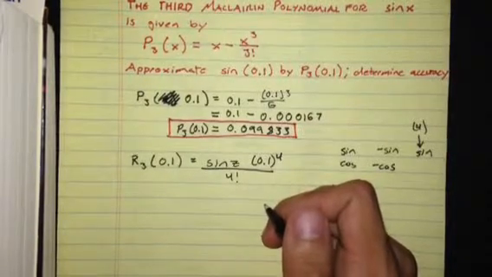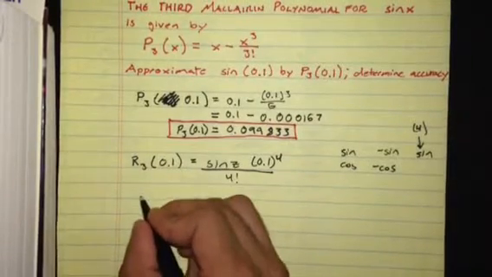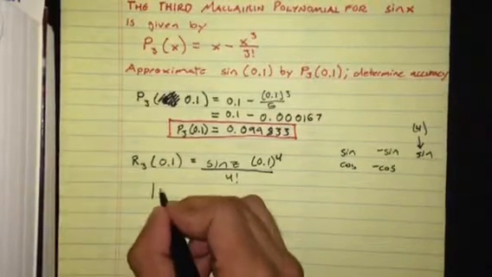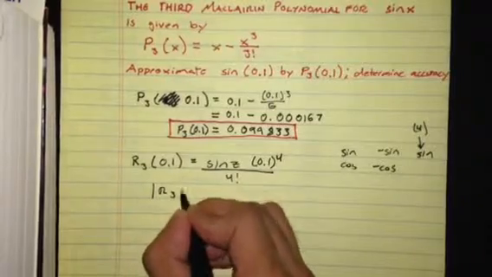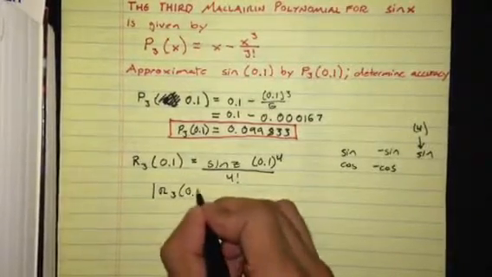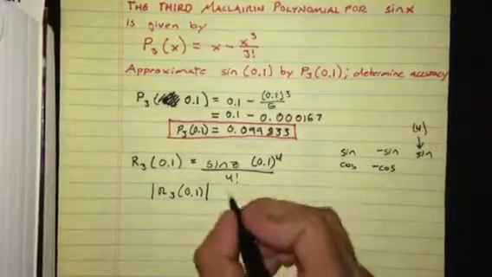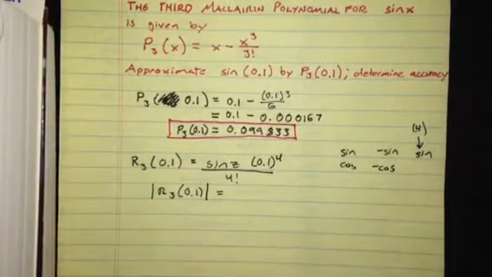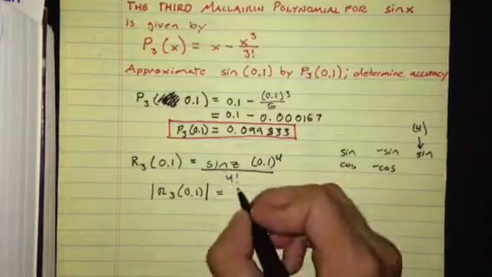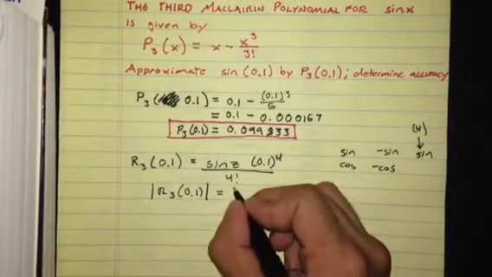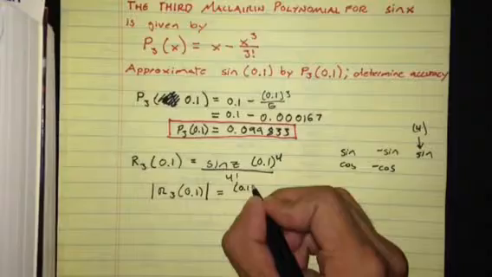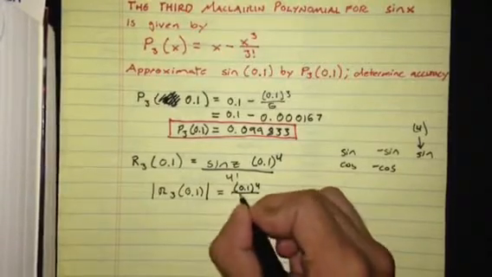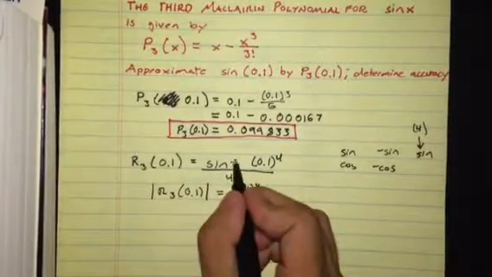Okay, so now we're going to need that second equation for the remainder, which was when it was in the absolute values, and this is how we find its bounds. So the remainder is going to equal 0.1 to the fourth over 4 factorial.